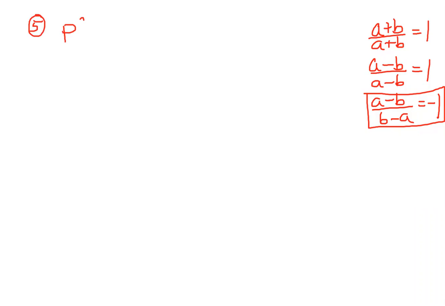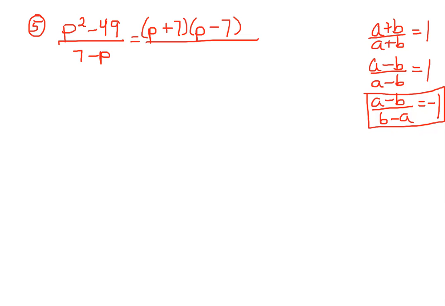We've got p squared minus 49 over 7 minus p. p squared minus 49 is a difference of two perfect squares, which is p, 7, 7, one is plus, one is minus. You've got to think back on all of our factoring techniques, and then look what we've got on the bottom, 7 minus p.